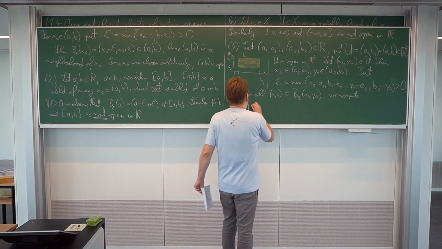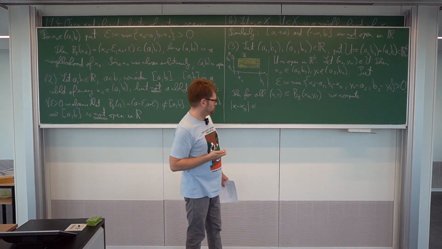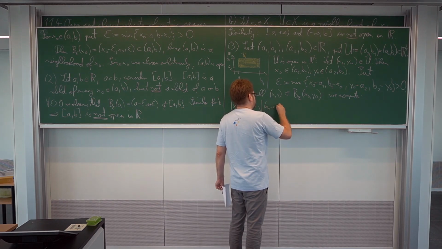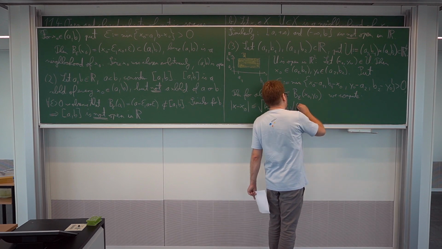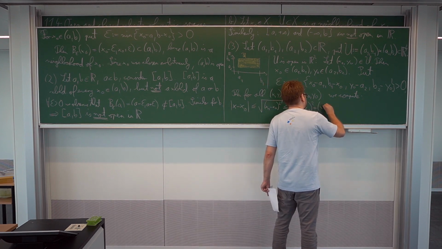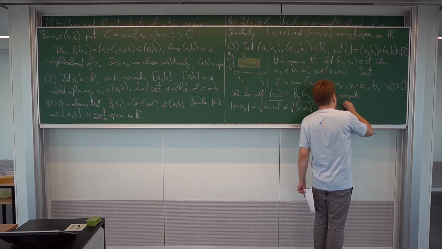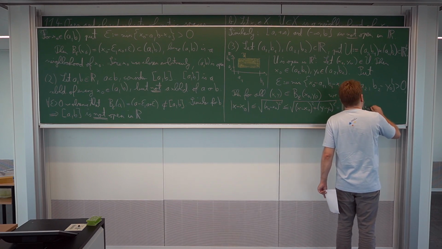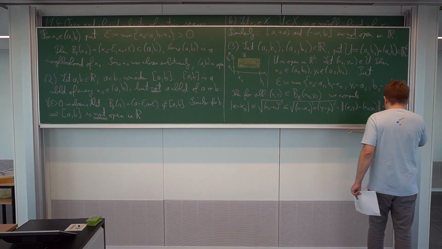This is small enough, namely, so now we use the same trick as before with respect to the Euclidean metric. This is the same as the square root of x minus x0 squared, which by monotonicity of the roots is smaller than or equal to the square root of x minus x0 squared plus y minus y0 squared, but this is the Euclidean norm of (x, y) minus (x0, y0), and this, since we're in the ball, is smaller than epsilon.